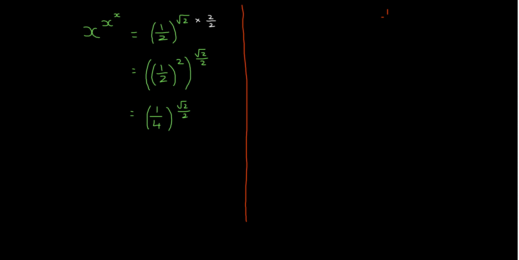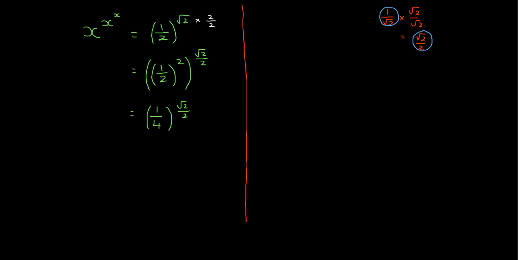So we know that if I have 1 on root 2 and I rationalize the denominator by timesing it by root 2 on 2, I wind up with root 2 on 2. So I know that 1 on root 2 and root 2 on 2 are the same thing.